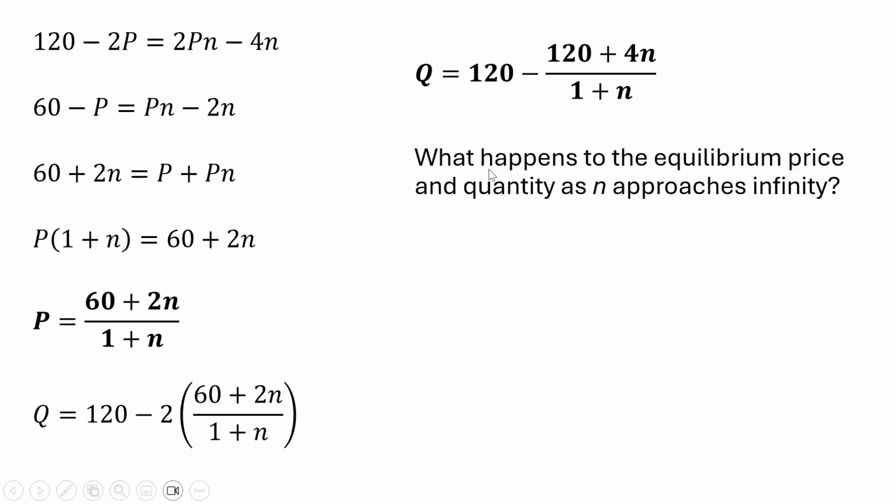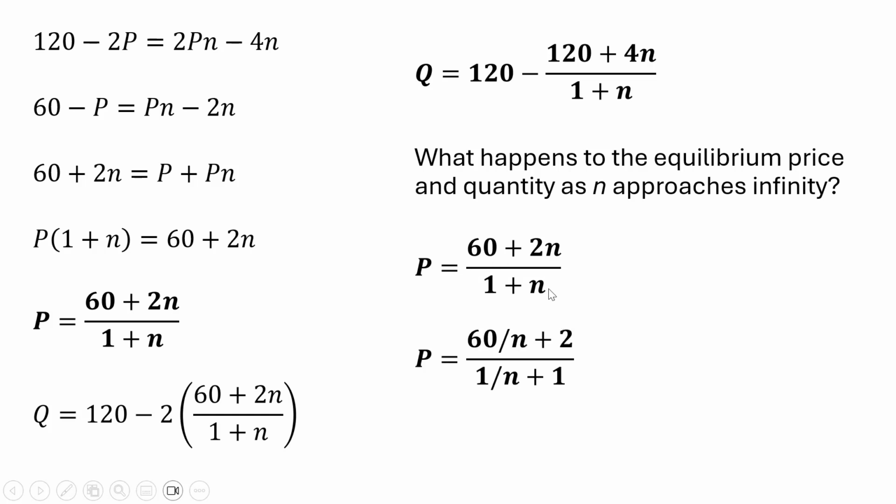So again, what happens to the equilibrium price and quantity as n approaches infinity? So taking our price expression, the equilibrium price, I'm going to make this a little bit easier to understand by first dividing everything through by n, the numerator and the denominator. And so as n goes to infinity, p will equal 2.